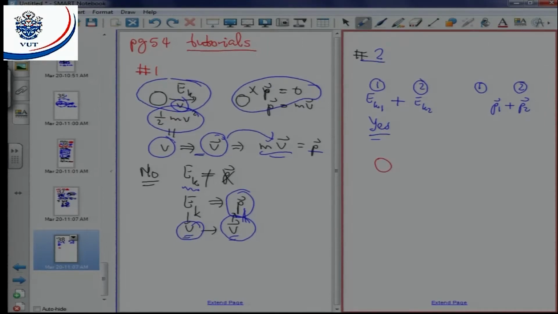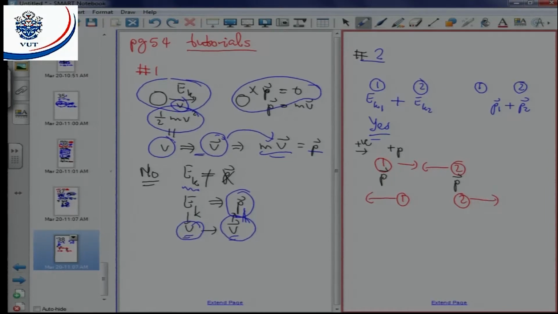So how does this work? If we have the two balls moving either towards each other or away from each other, as long as they move in opposite directions, and the added feature is the momentum: if the momentum of 1 is P, then the momentum of 2 has to be -P. So let's choose that direction as positive.